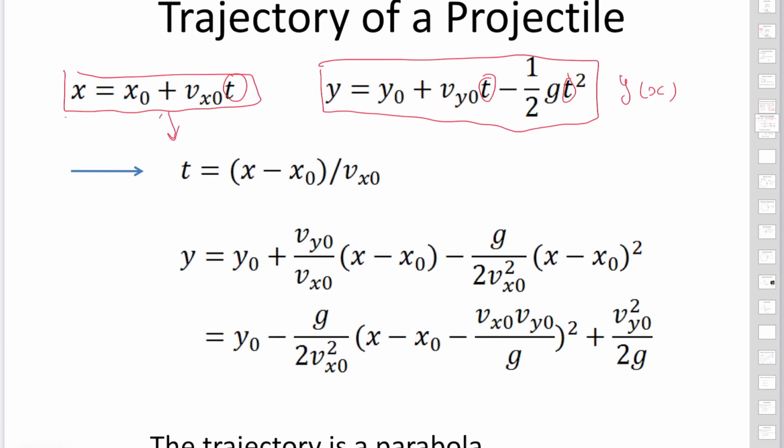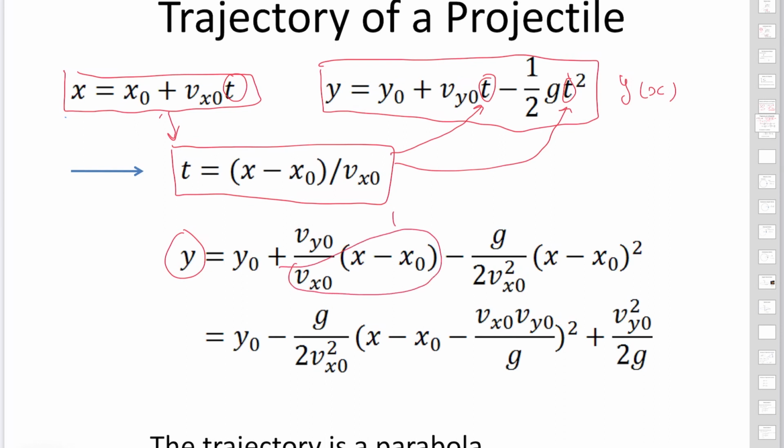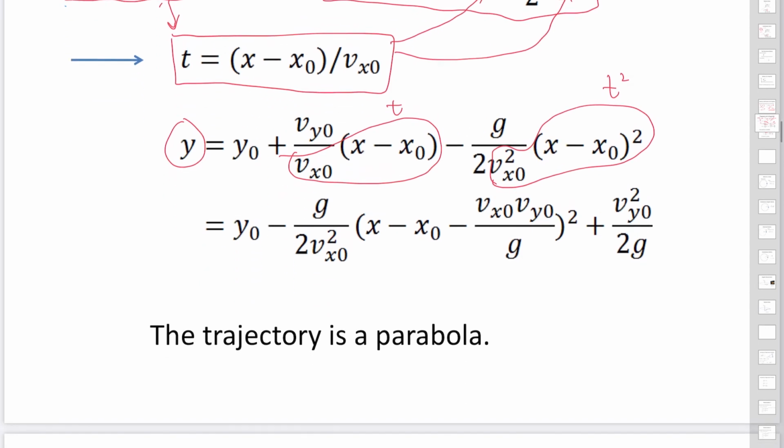From the equation for x, t is expressed as x minus x sub 0 over v sub x0. This t is substituted into this equation to find y. So this is t, this is t squared. Then you can change the equations a little bit, and you can easily see from these forms of the equations that the trajectory is a parabola.